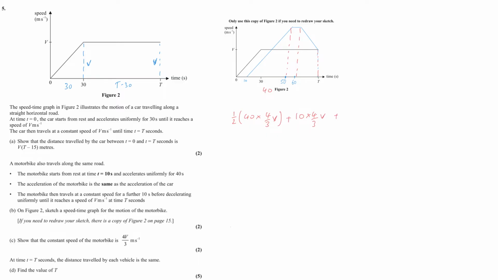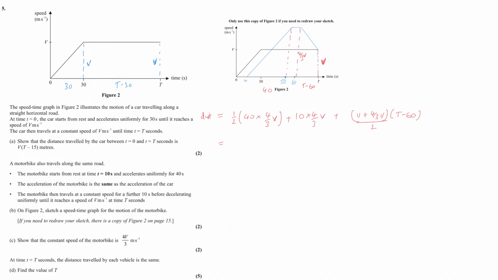plus, now this last shape is a trapezium, like that. So this distance is t minus 60. This distance is v, and this distance is 4/3 v. So it's a plus b, v plus 4/3 v, over 2 times by h, which is that. So this is the distance.